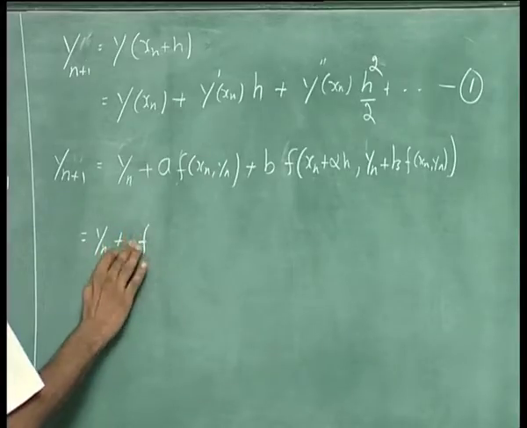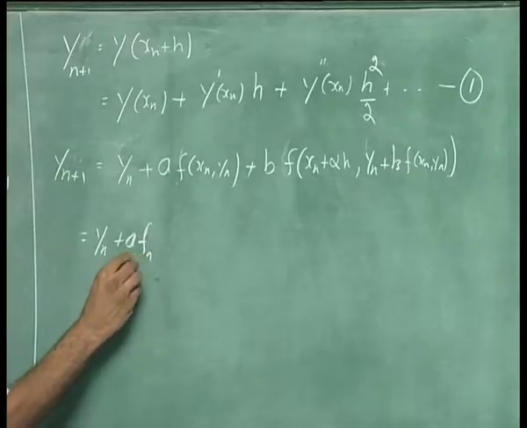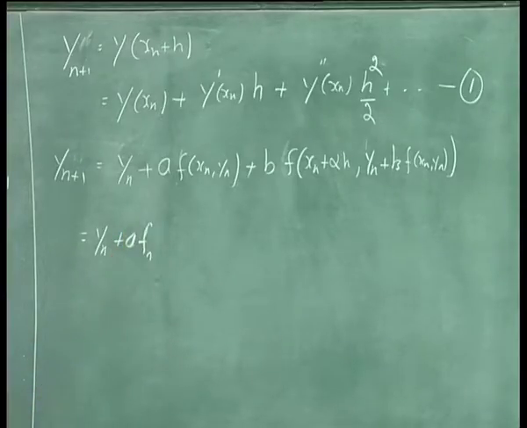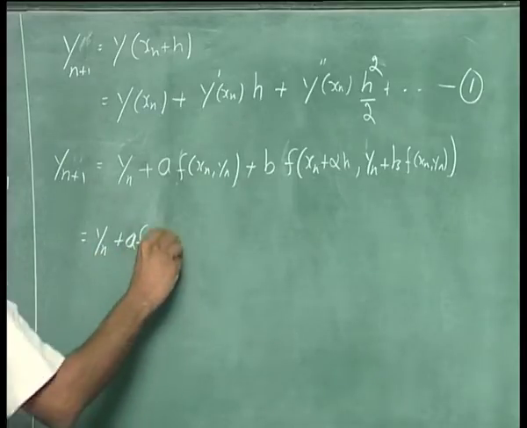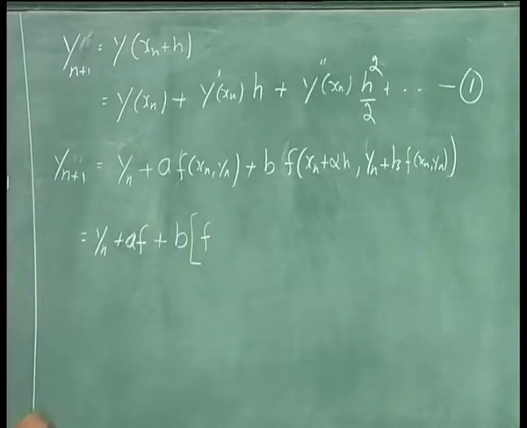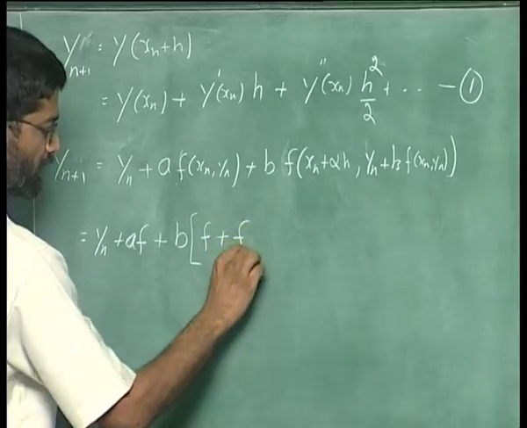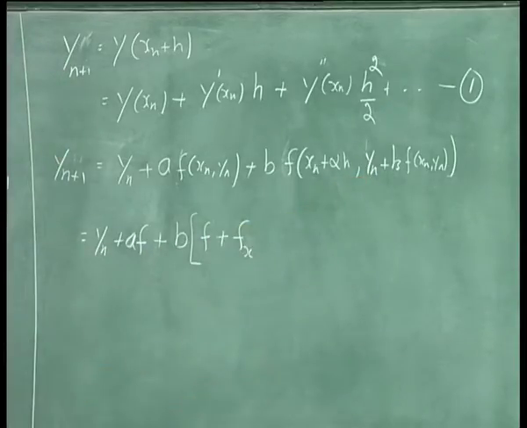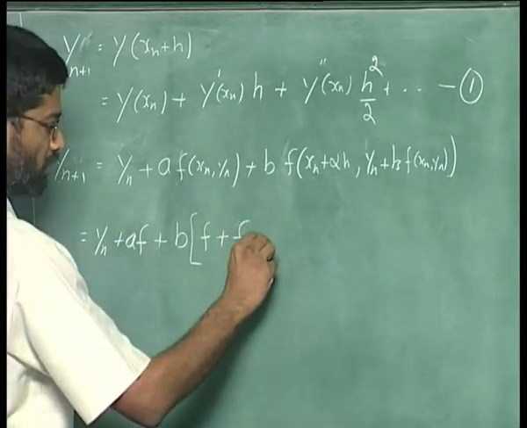We call f the value of f at x_n, y_n. Let me call it f_n, because we have to write the derivative. So when I say f, it is just the value of f at x_n, y_n, and then you could write b times, I could expand this around that, that is f plus the derivative of f with respect to x, which I call f_x, times alpha h.